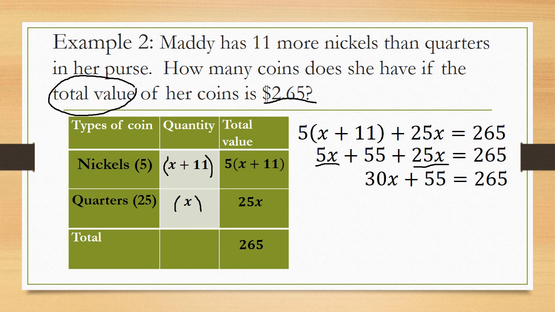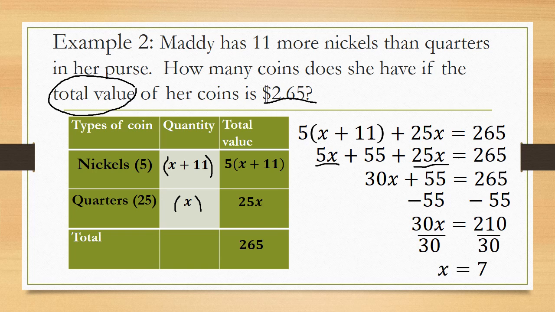This is a two-step equation that we can solve by subtracting 55 from both sides, which allows us to have 30X equals 210. Now, this is a one-step equation where we have to get rid of 30, and to get rid of 30, we have to divide by 30, and by dividing by 30, we end up with 7.